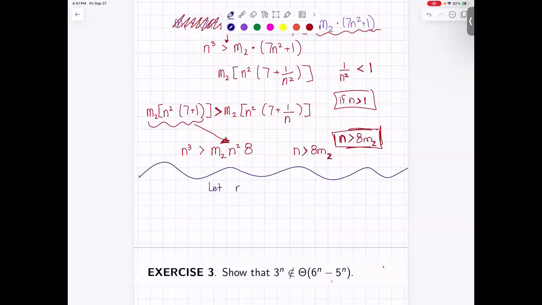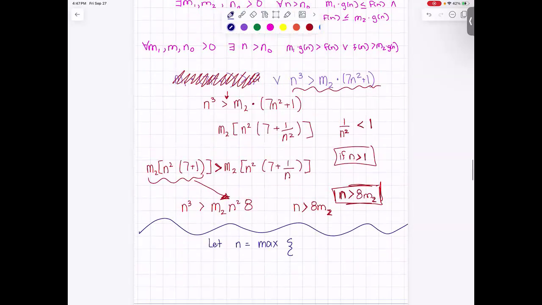We would say let n equal the max between... here I am thinking about this just to make sure that I don't prove the wrong thing here. We want to make sure that we're binding our values, as we said in previous videos, by all those for alls that are potentially affecting our n value.